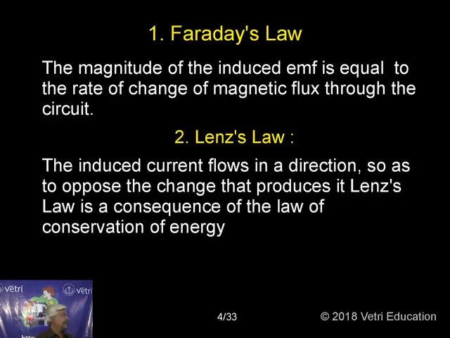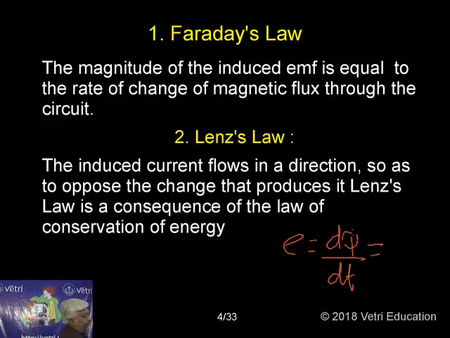Therefore, how do we get Lenz law from Faraday's law? We know already E is equal to d phi by dt. This law is called Faraday's law. Instead of plus, if I put minus, that is minus d phi by dt, then it becomes Lenz law.